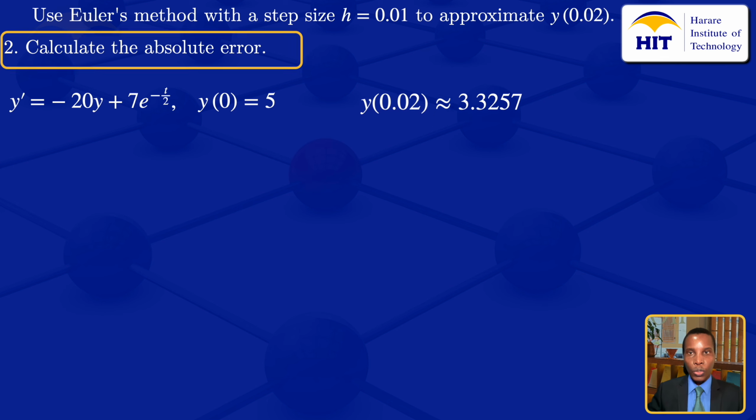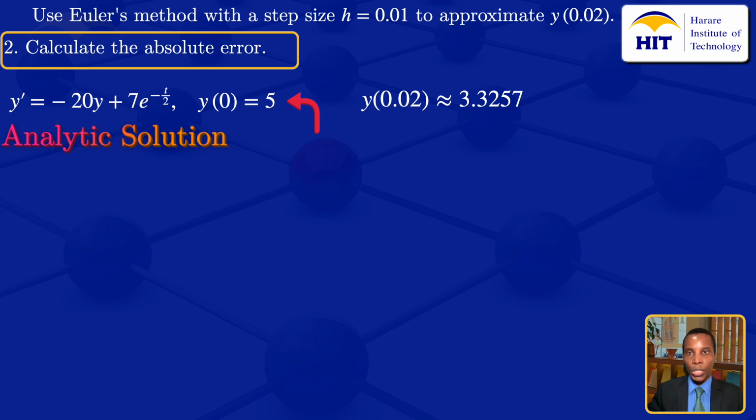We now move on to question number 2, the absolute error. If you still recall, the absolute error is the absolute value of the difference between the true value and the approximate value. The approximate value is the one we have just obtained, and for the true value, we need to find the analytic solution of this ODE.